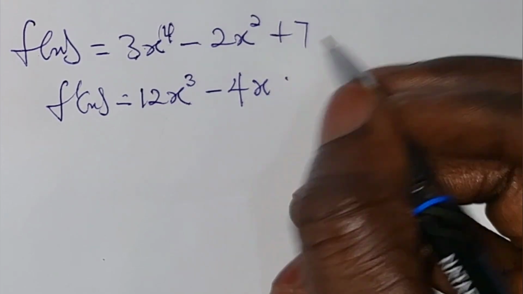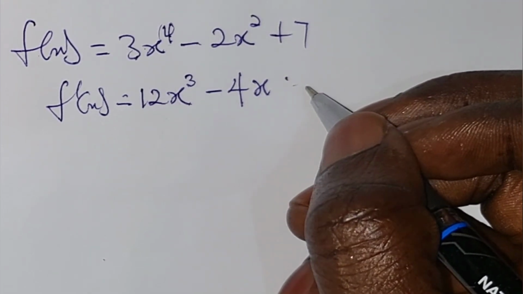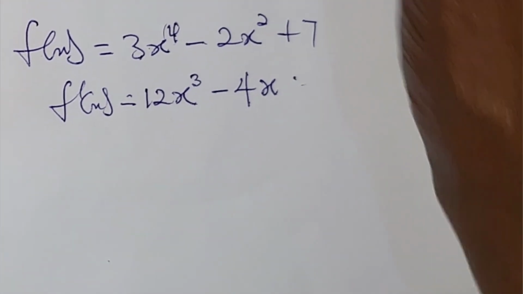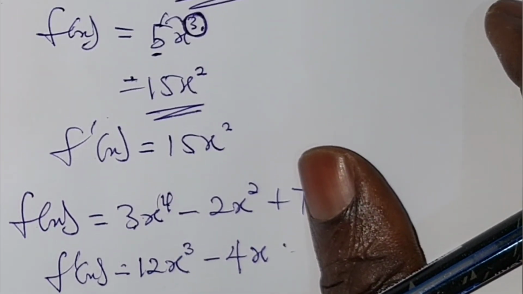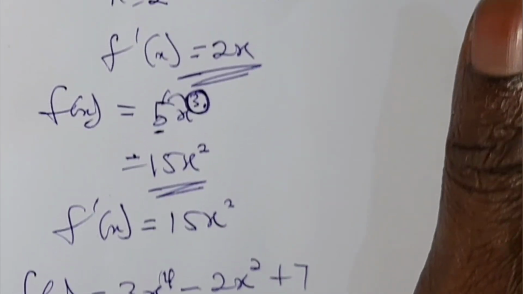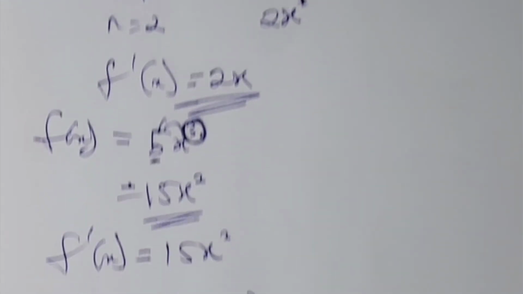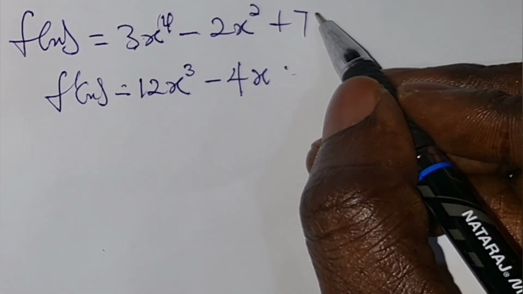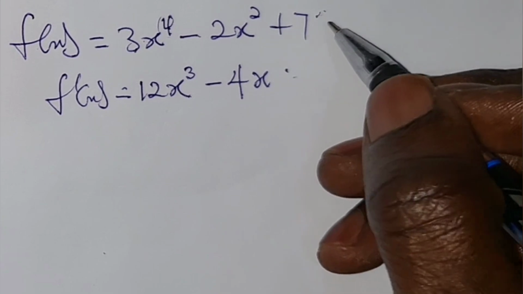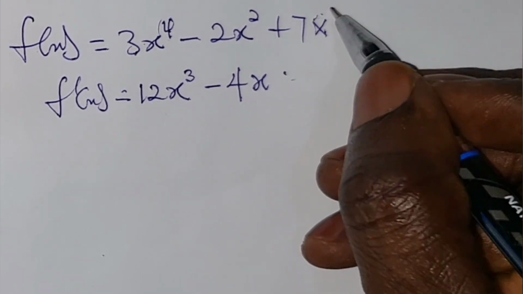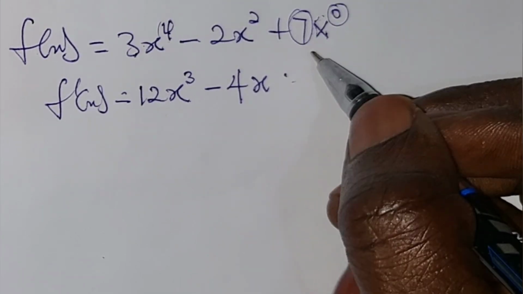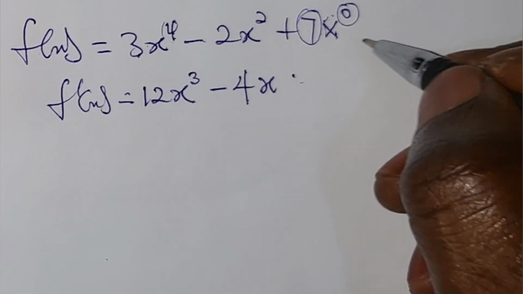Now the differential of any constant is 0. The reason is that, from our rule, we saw that we need to multiply the n by a, and from here we can see that there is no n. So n is basically 0, or we can just say x to the power of 0. 0 times that gives you 0, so basically everything becomes 0.